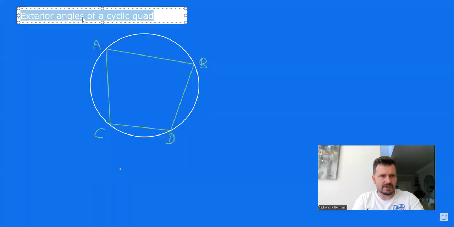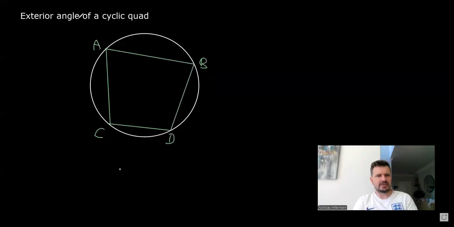The only difference here in the wording is that instead of writing angles, you must write angle. So you don't write angles, just write angle. The subtle difference comes from the fact that we're actually just looking at the exterior angle.